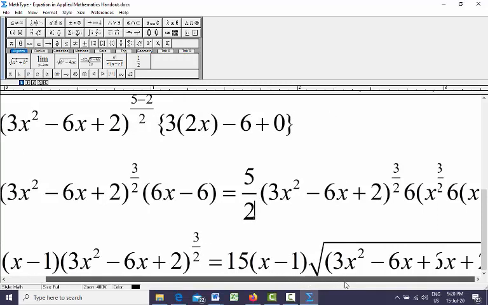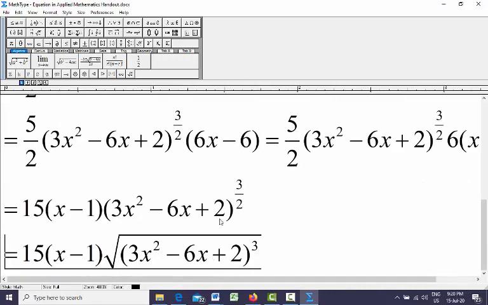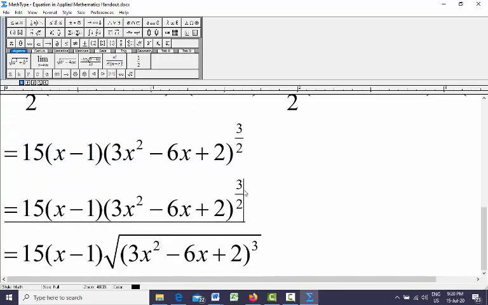Now what we have, we can write another step here. This 3 can be moved here. So here we will have 1. So 3 by 2, we can write it like half into 3.